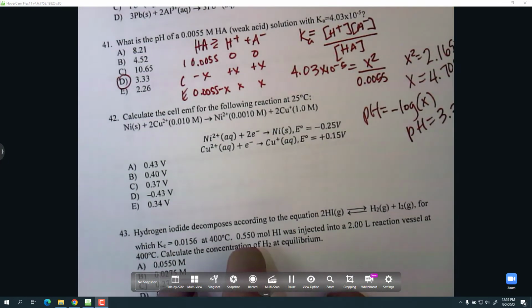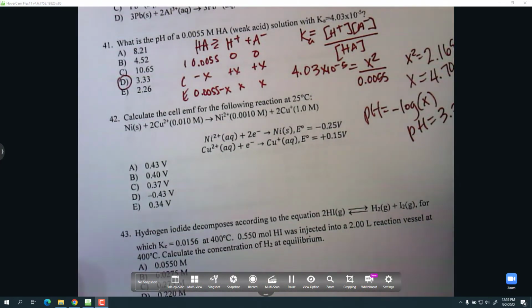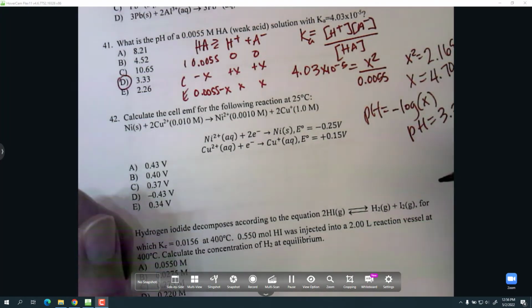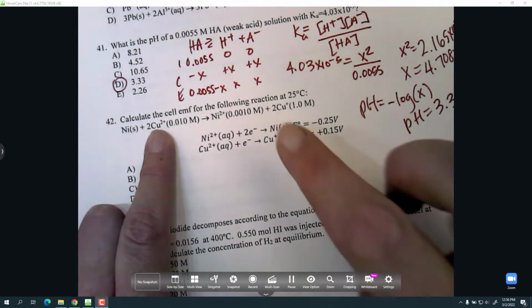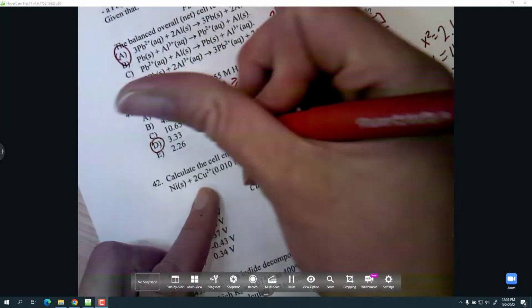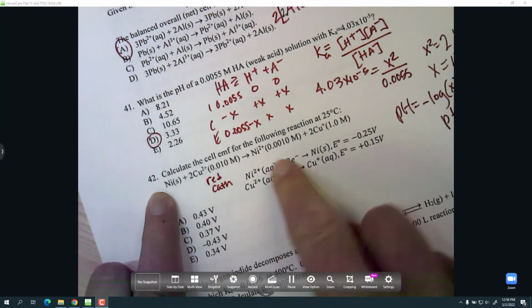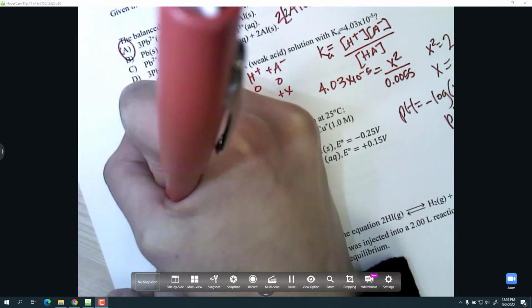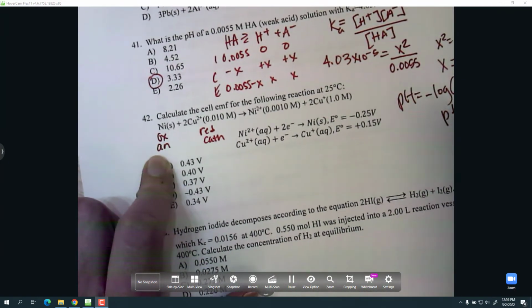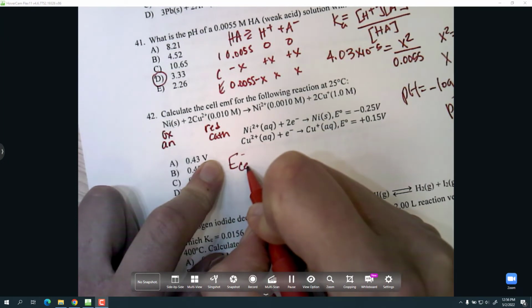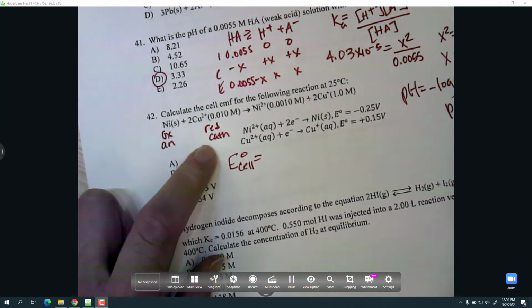All right, calculate the potential for this cell, which is not in standard conditions. So let me just make sure I know what's going on. I've got copper being reduced, and nickel is being oxidized. I will need the E cell standard, which is cathode minus anode.